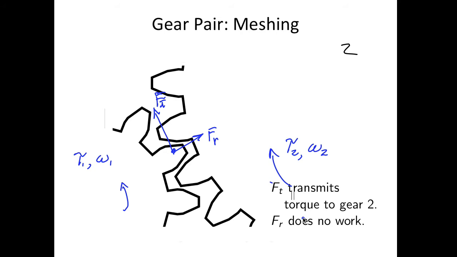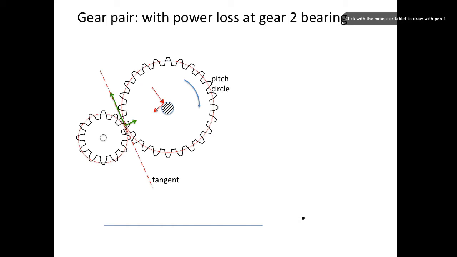Okay, so let's look at these two gears in a little more detail and what all the forces are. So here I've redrawn the gears, and we're going to add some dimensions and look a little more carefully at the forces. All right, so as we said, there's the tangential force, F sub t, and at the same point, any point along this tangent line where these teeth are moving, instantaneously they are moving along this tangent line, and they're moving with a velocity, I'll call it v sub t.